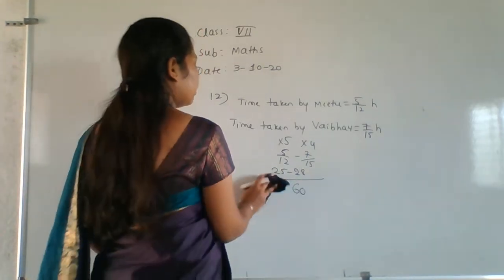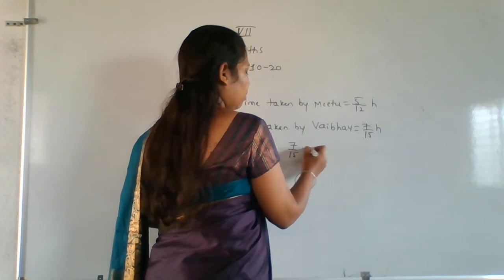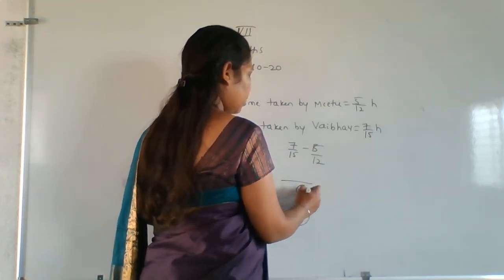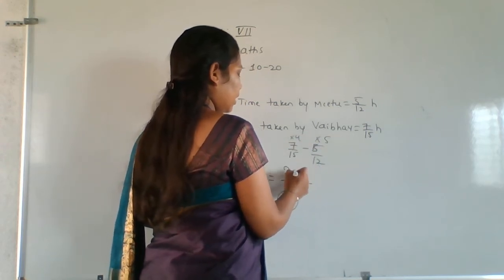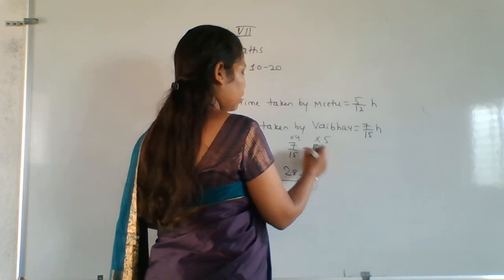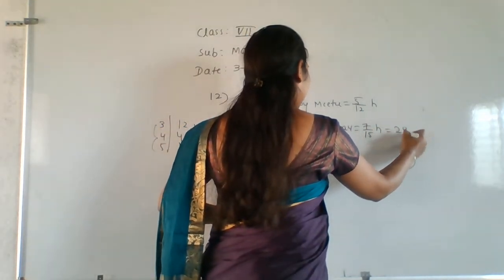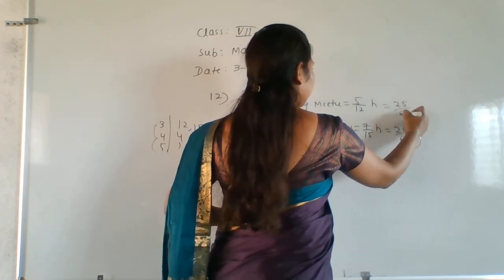So first write that only: 7 by 15 minus 5 by 12. LCM is 60. 4s are, 5s are, 28 minus 25. This value is nothing but 28 by 60 hour. This value is nothing but 25 by 60 hour.